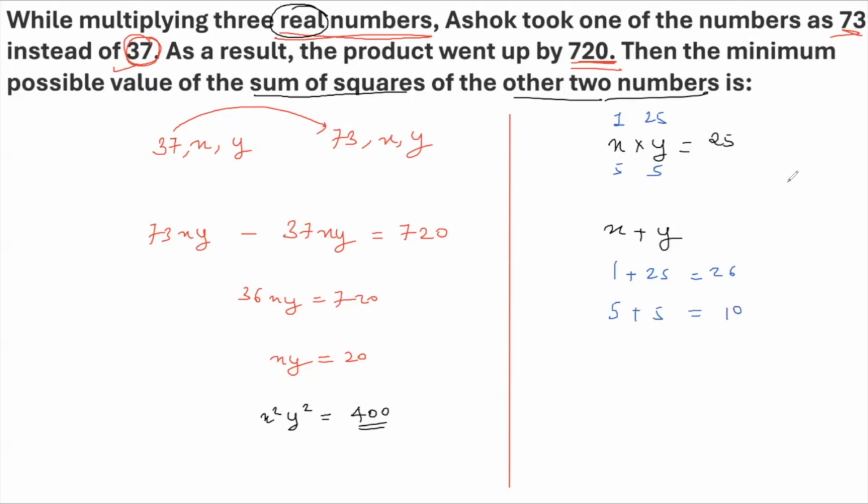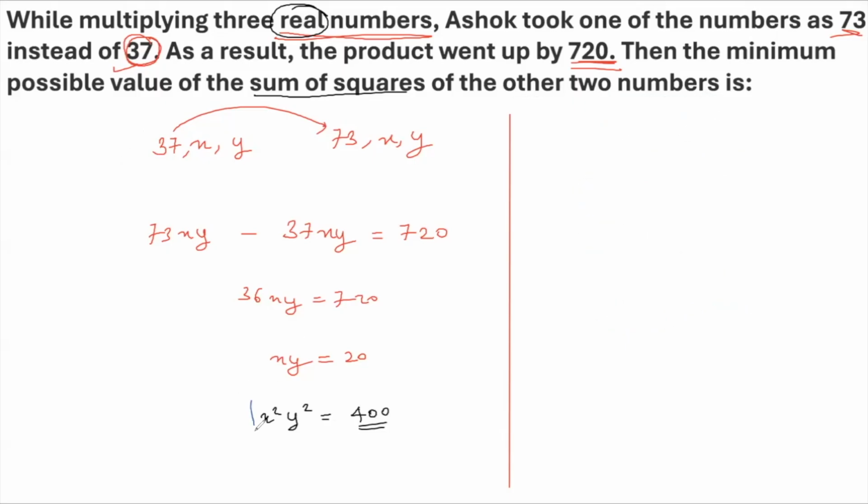You can take many other values to verify this. But just one thing, whenever the product of two numbers is constant, their sum is minimum when they are equal to each other. Right? So product being constant, if I have to minimize the sum, I have to keep the numbers equal or as close as possible.